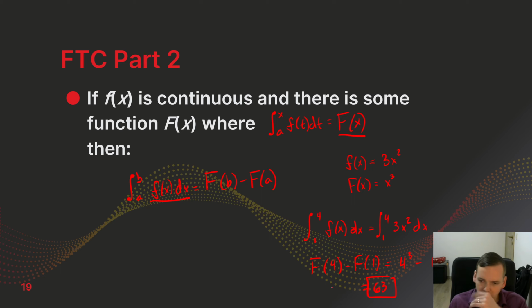But you can kind of see the idea here of using that antiderivative, or that big F of x, to find the definite integral. So that's the fundamental theorem of calculus part 2. That's going to be, like I said, the main one that you end up using over and over again throughout the unit.